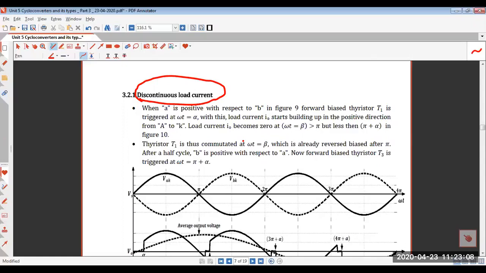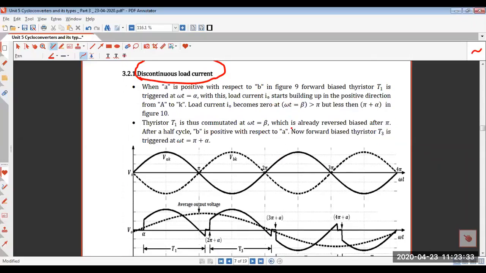In case of resistive load, this condition does not take place, because the load voltage and load current are in the same phase, so there is no question of continuous or discontinuous current.